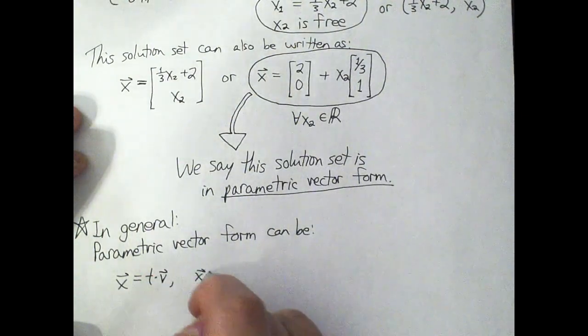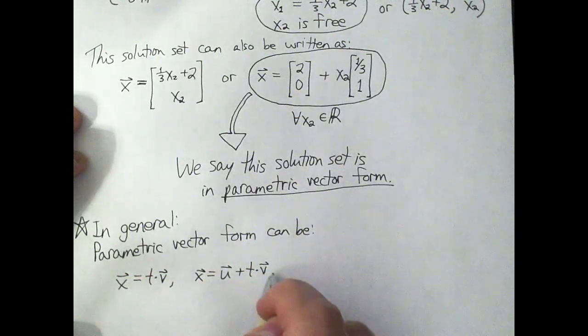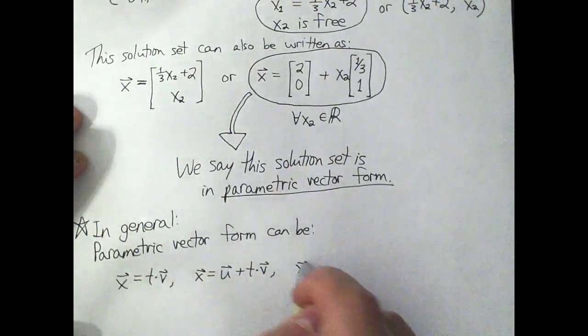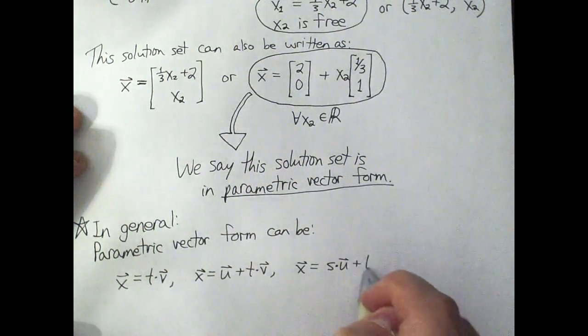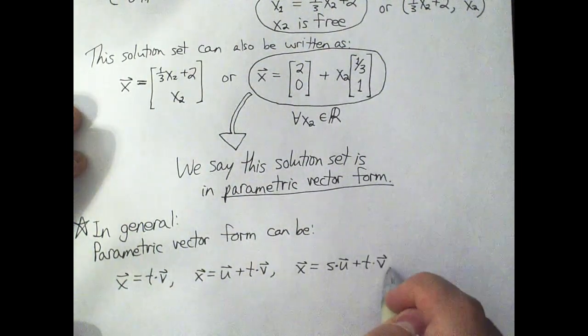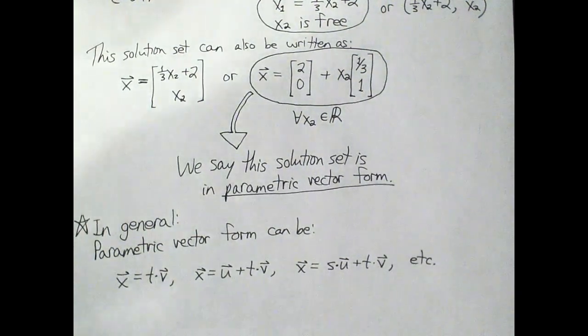It can be x equals a vector plus a constant times a vector. It can be x equals a constant times a vector plus a constant times a vector. If I say etc., can you see the pattern that I'm getting at here?